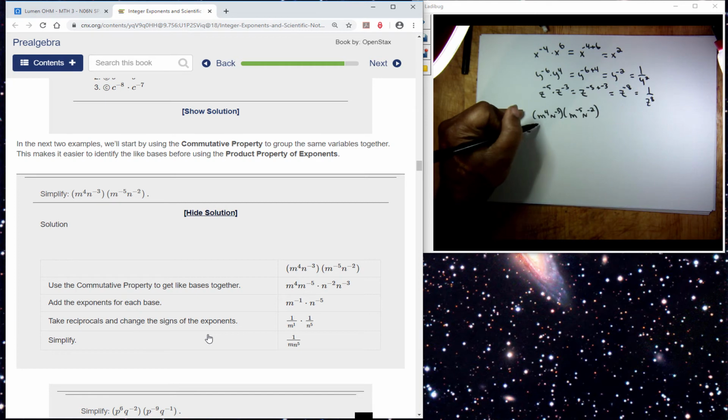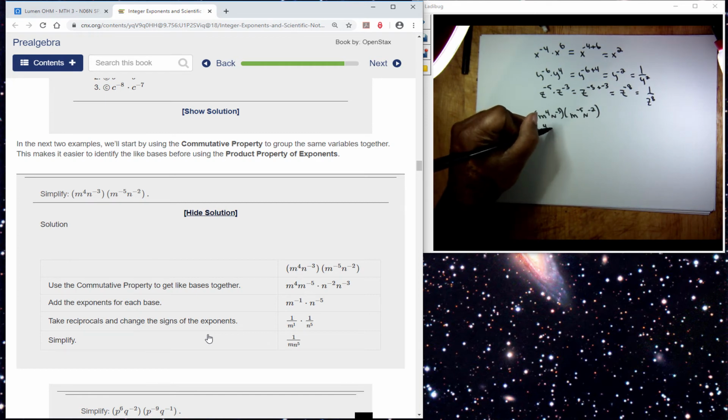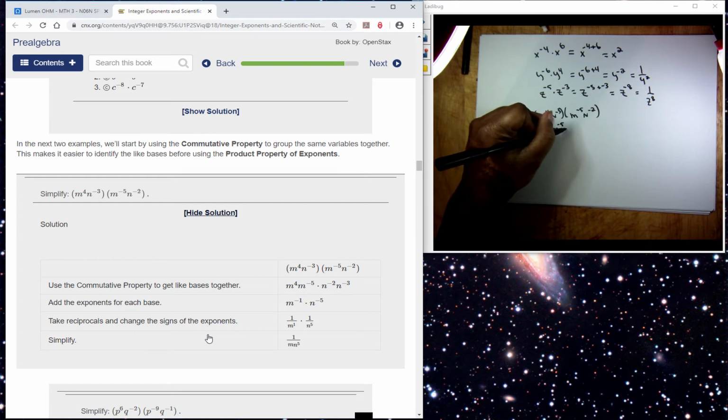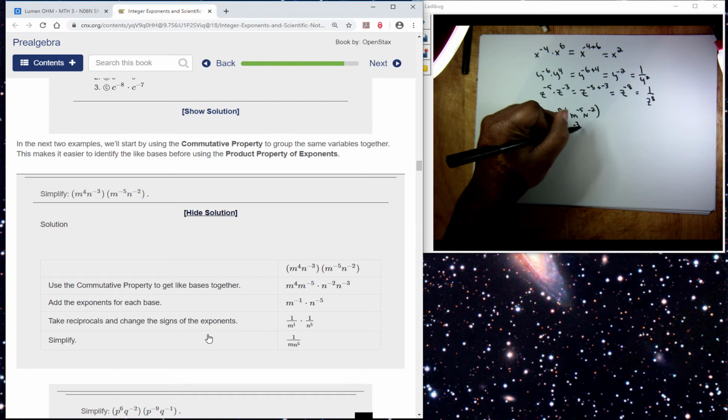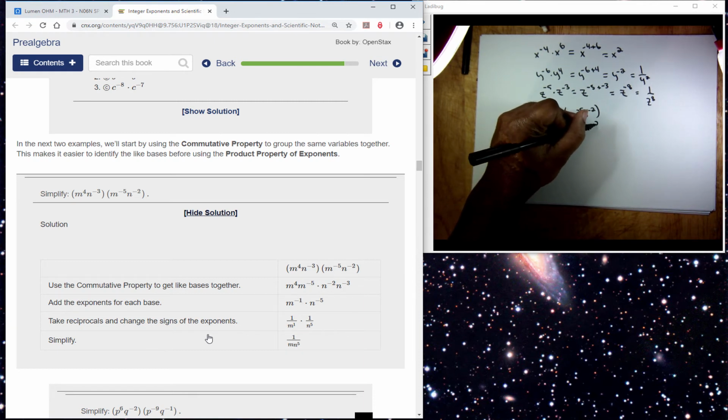So I'll have here m to the 4th times m to the minus 5, then times n to the minus 3 times n to the minus 2.